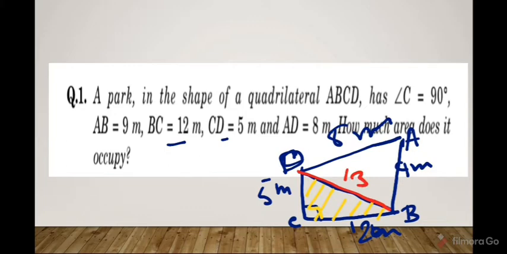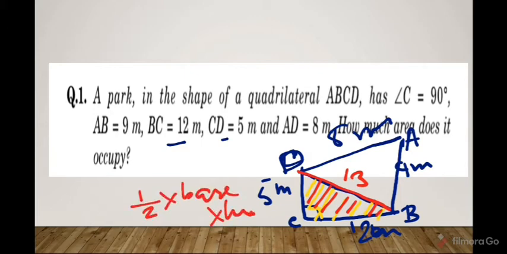For this triangle you will use the formula half into base into height, because it is a right angle triangle. The base will be 12 and the height will be 5. Let us do the calculation and we will get the area of triangle BCD.